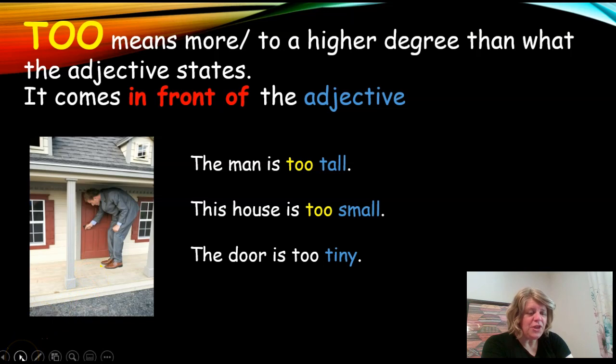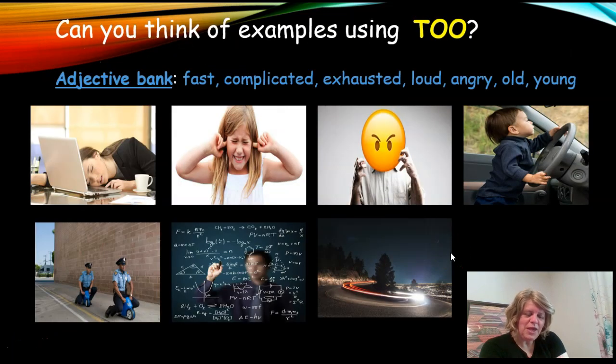Now, I want you to think. The only rule that we have to apply here is to make sure that we use too in front of the adjective and that the adjective we're using is appropriate for what the picture is showing. I'm going to give you the first example. If we look at the first picture, we see a young girl sleeping in front of her computer.